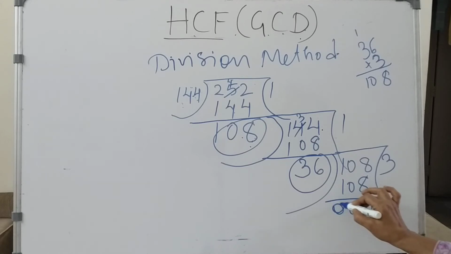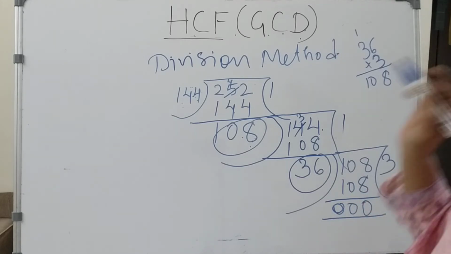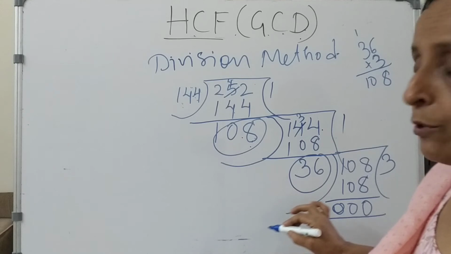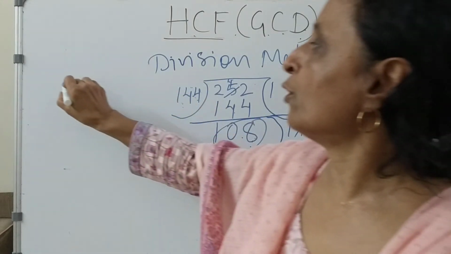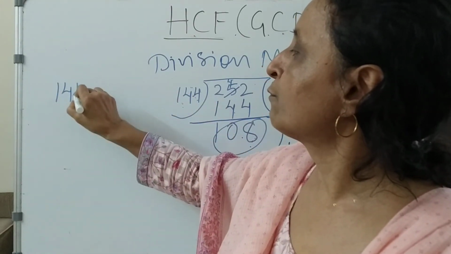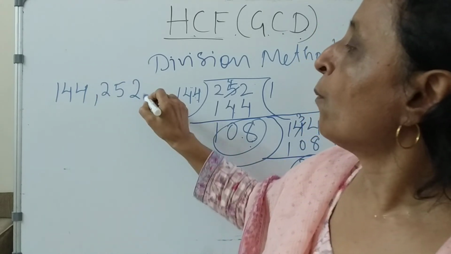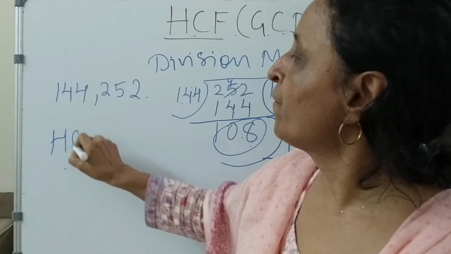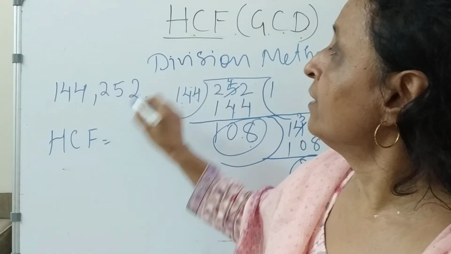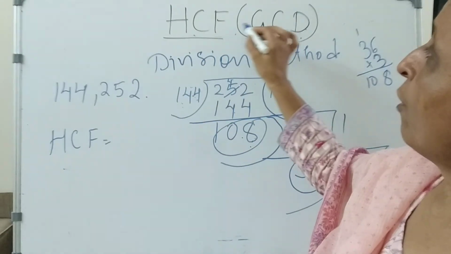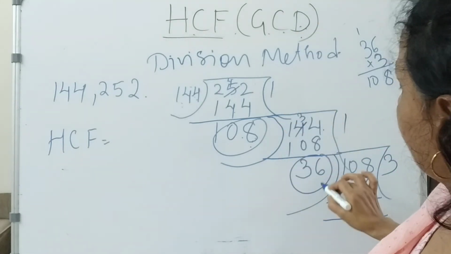You have to divide till you get 0. So now these two numbers 144 and 252, what is the HCF? HCF or GCD is 36.